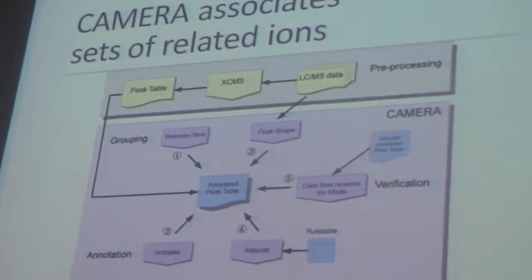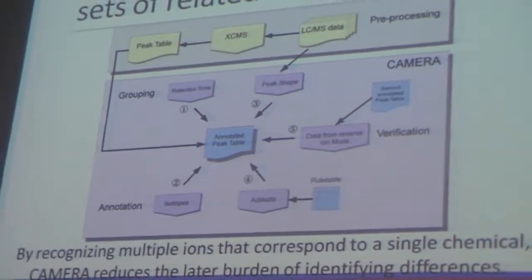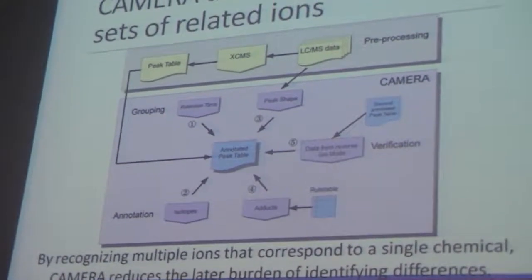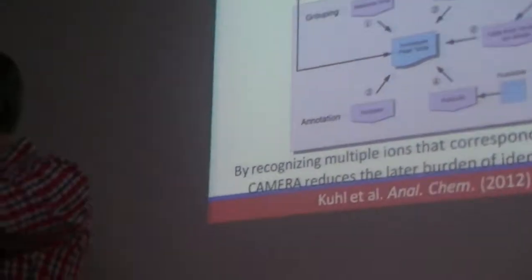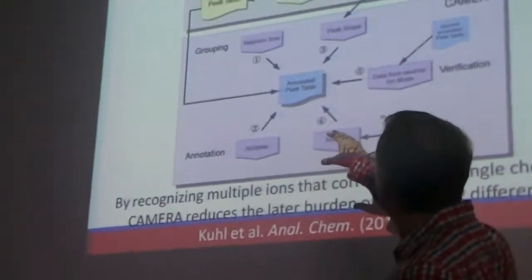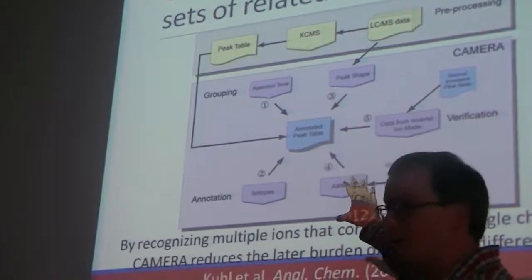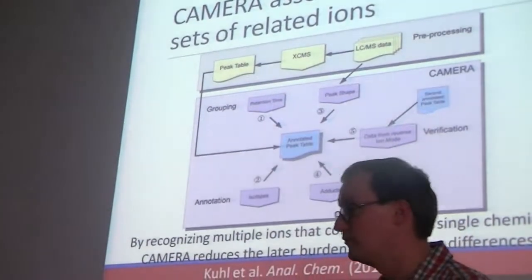Because most of these things are fairly big, so there's some reasonable probability that there will be multiple variants. A monoisotope that's all carbon-12, an M+1 peak that has one extra neutron in it, and so on. So one of the things that we want to be able to do is to group together these ions to reflect the fact that they all belong together.